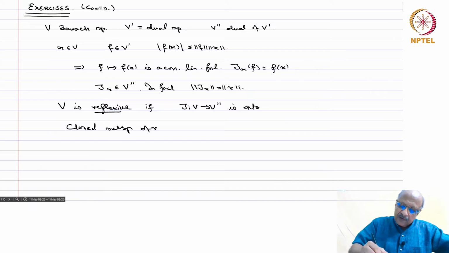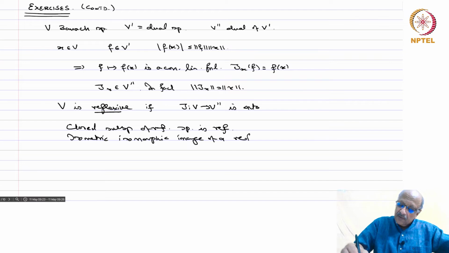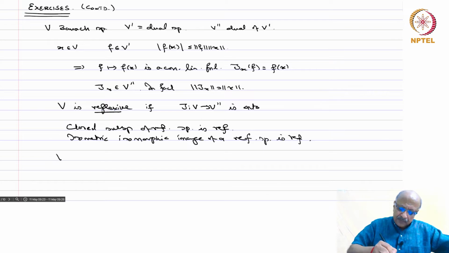Then it's supposed to be a reflexive space. A closed subspace of a reflexive space is reflexive. An isometric isomorphic image of a reflexive space is reflexive. Now V is said to be uniformly convex.